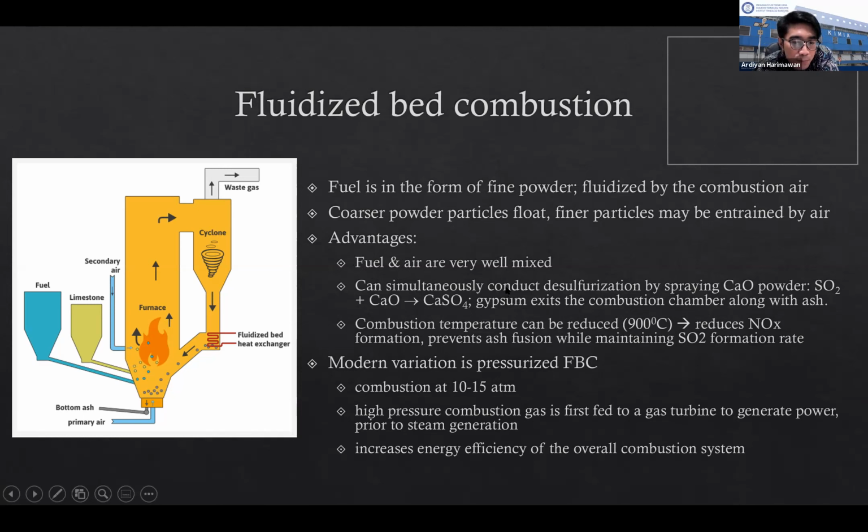So in fluidized combustion, we can simultaneously conduct the desulfurization, because a side product of the combustion is sulfur dioxide. So to capture the sulfur dioxide, you react it with calcium oxide powder to form CaSO4, we call it gypsum.